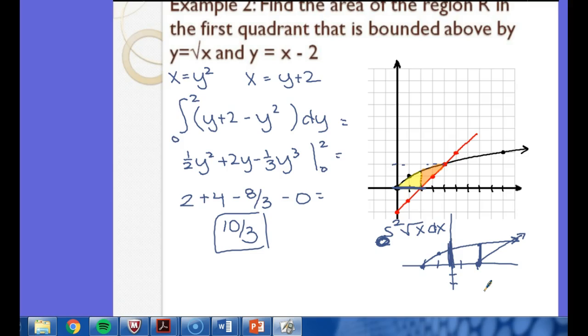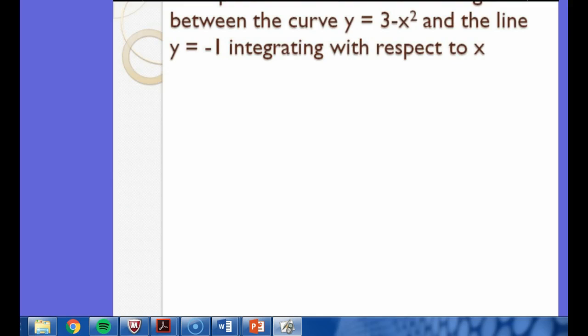What about that area under the x-axis now? It would have automatically been bounded by the x-axis if you had integrated with respect to x. Yep. Okay.